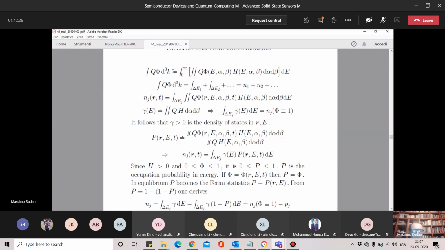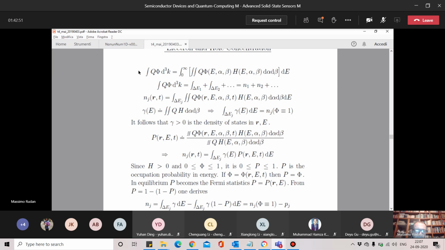So the concentration, if you look at the first line of the page, is the integral of Q phi over K. And then you decide to perform the integrations over alpha and beta first, and then you perform the integration over E last.